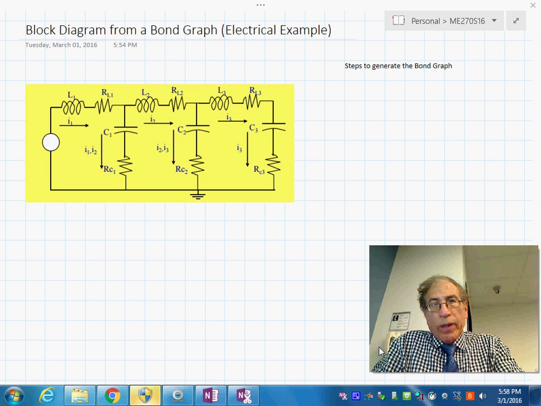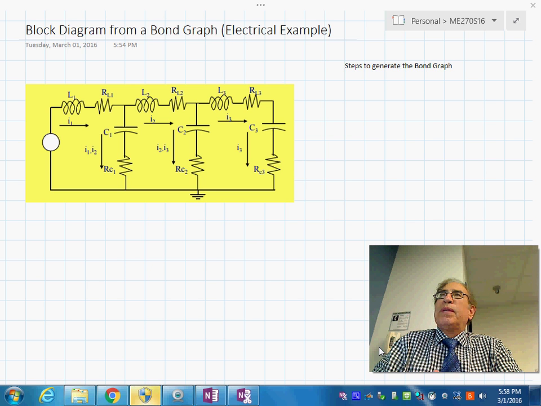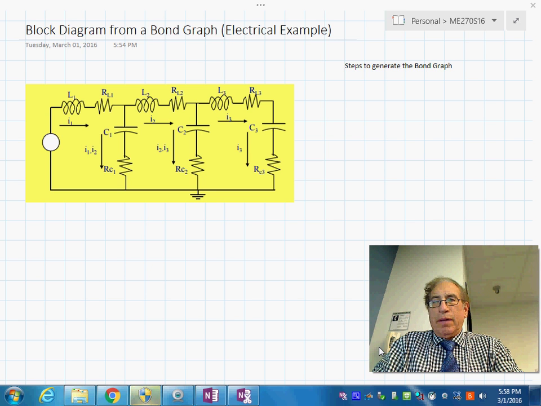That's the objective. So we have an electrical circuit that has 3 loops, and it has several capacitors, inductors, and resistors. Let's take a look at, first of all, how we generate the bond graph model, and then what we need to do to obtain the block diagram.